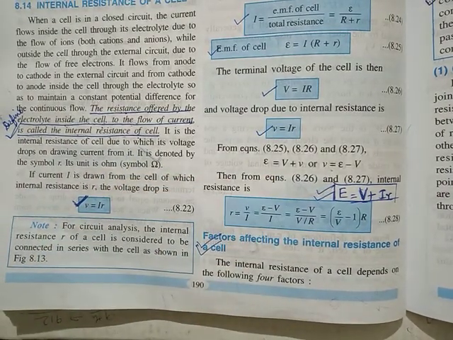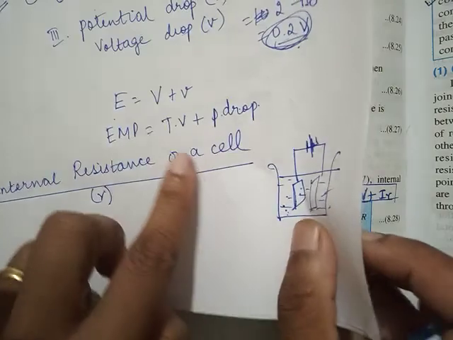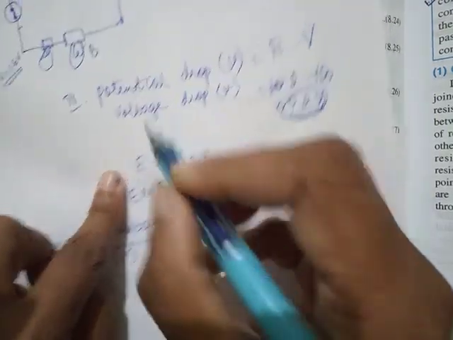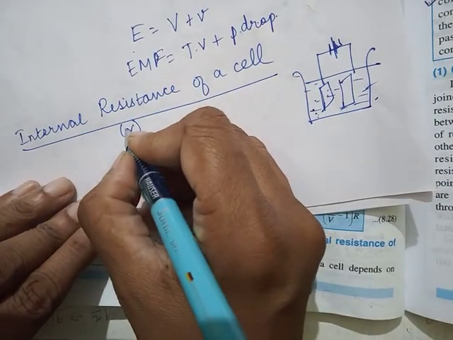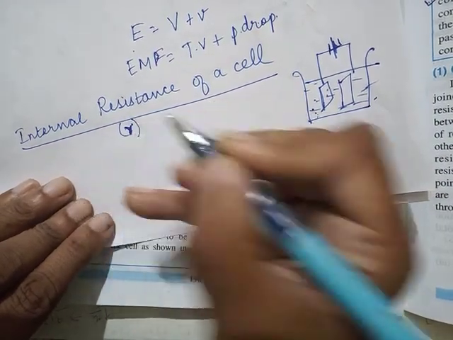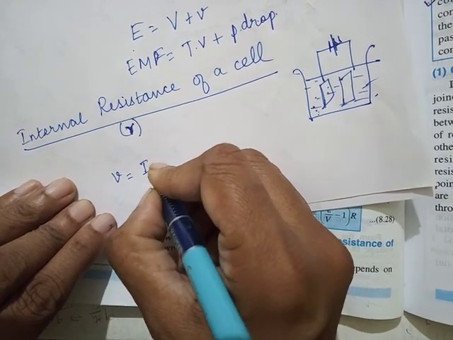It is because of this internal resistance that some voltage got wasted in overcoming that resistance, and that is called potential drop or voltage drop, small v. So internal resistance is small r, and small v is equal to I into small r.